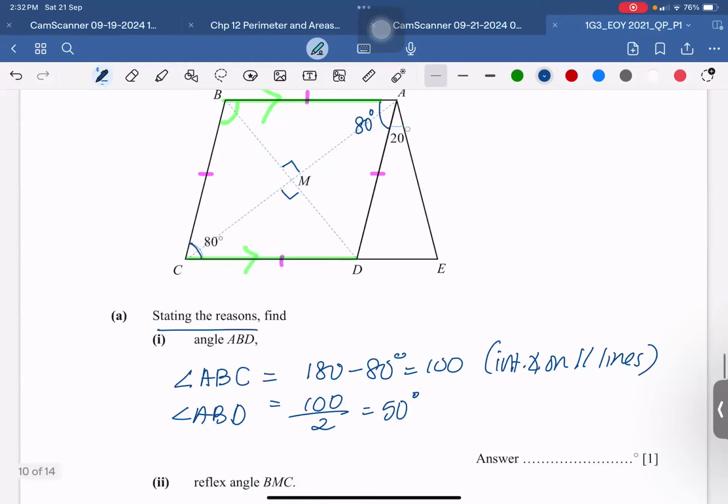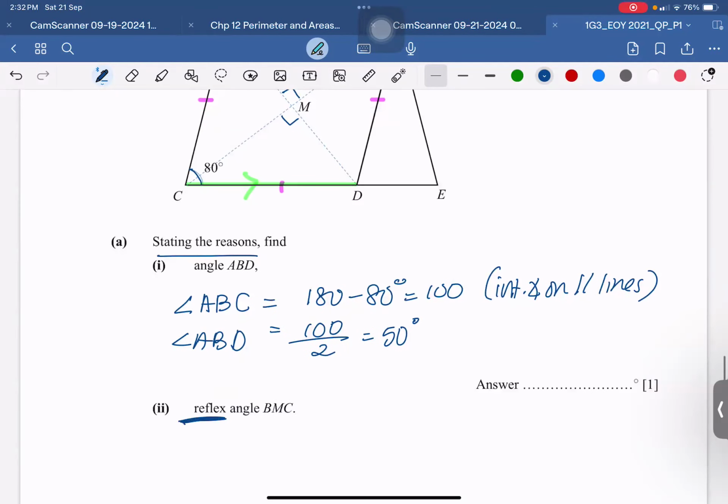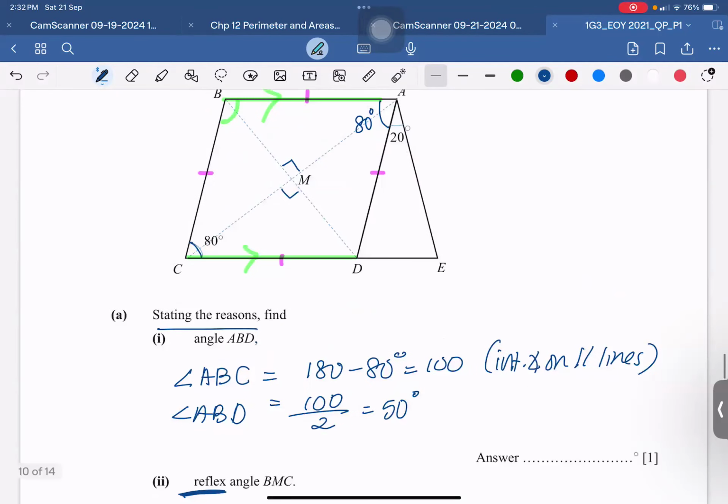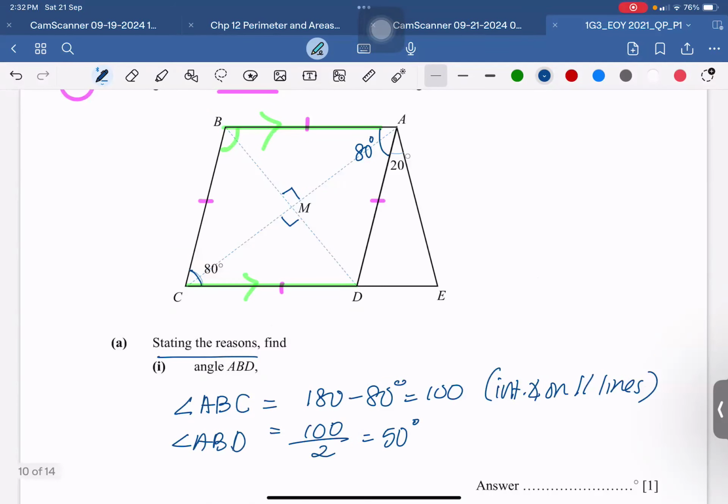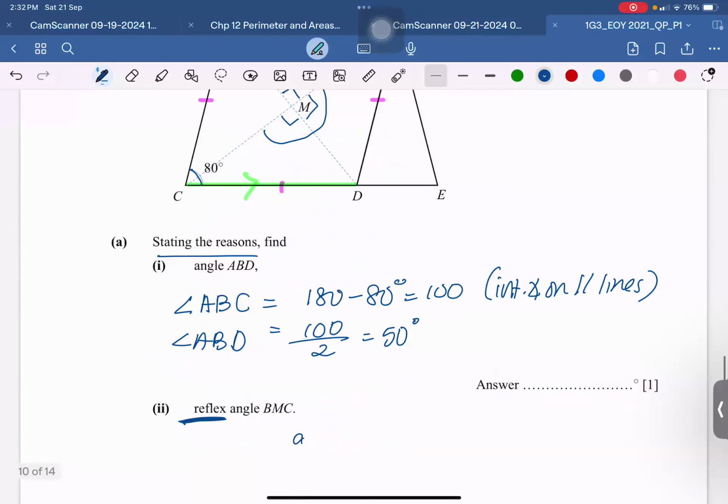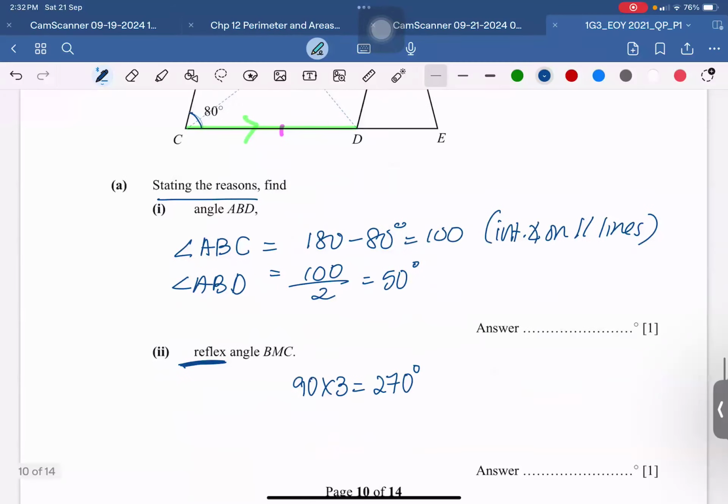Okay, next one, reflex angle BNC. So BNC, the reflex angle is down here. It's quite obvious. I am 90 degree, 90 degree, 90 degree. So this will be 90 degree times 3, 270. What will be the reason?